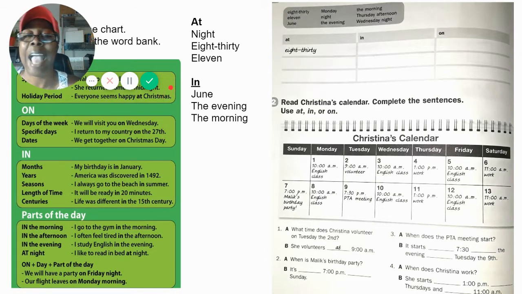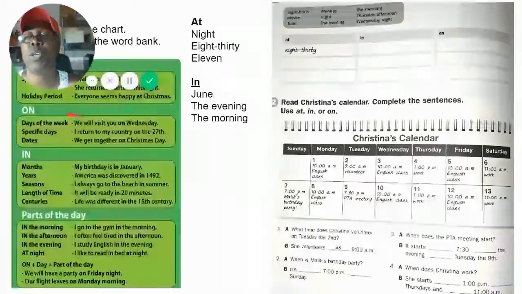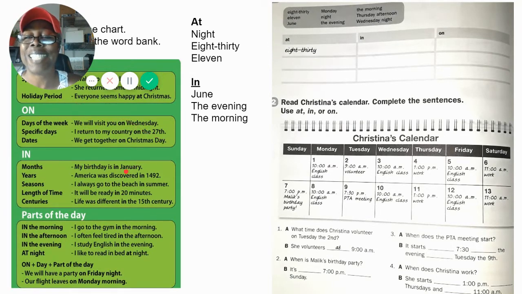Unlike with in, where you just say the month, if you add a day or a date to that month, then you use on. On March 27th, on January 5th, on July 4th. When you add a date to the month, when it's the month plus a date, then you use on. When it's the month by itself, you use in.